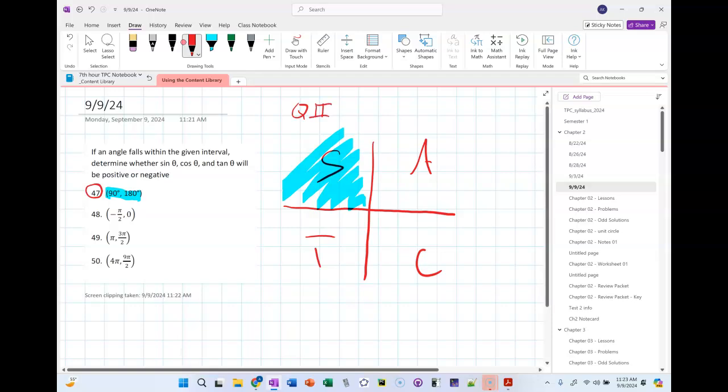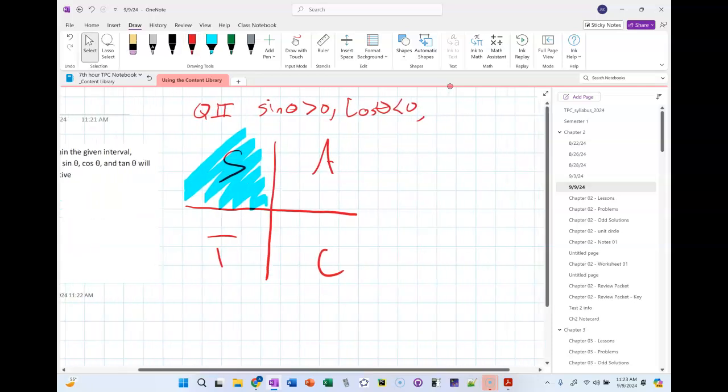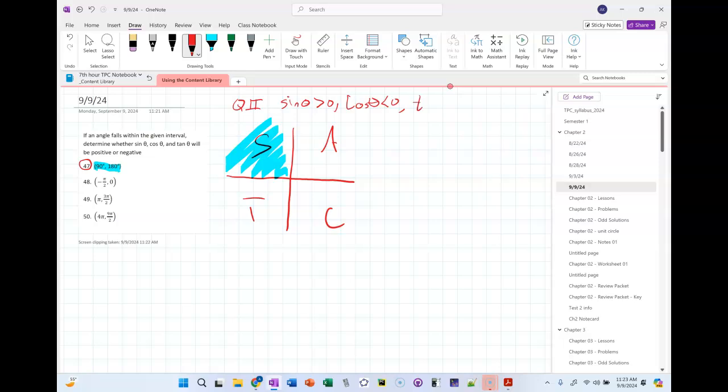So in quadrant 2, I know that sine is positive, but the other two are negative. That's what the S in the quadrant tells me, that sine is the only positive one. So cosine and tangent are the negatives. And I could do the same thing if everything's in degrees, or maybe you have to convert to radians or think about it in radians, but it's the same. Is that cool? Okay, no problem.